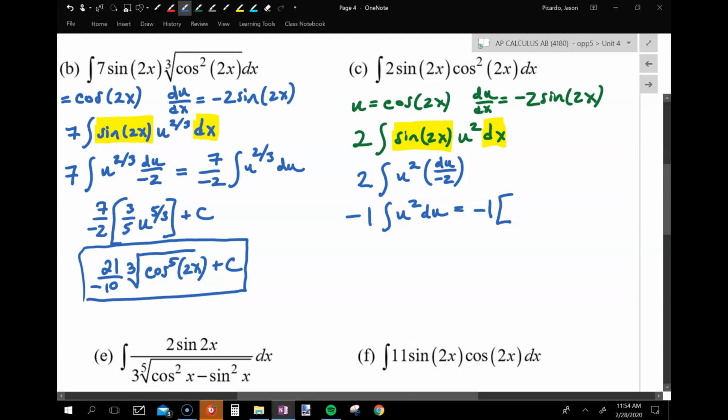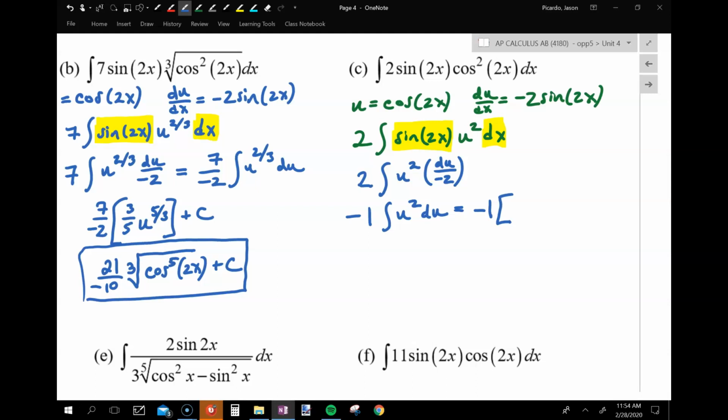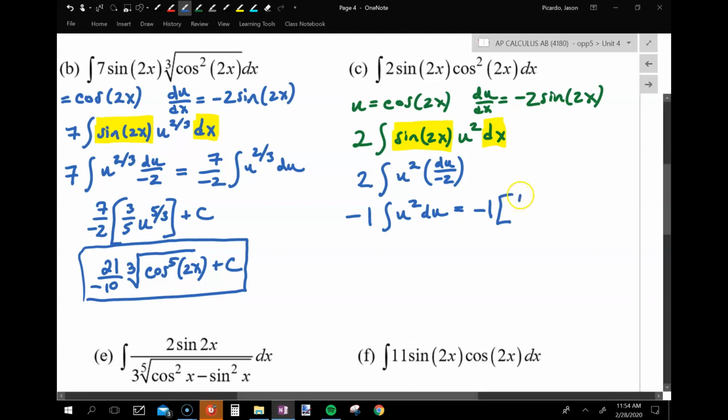Integral of one-third u cubed. So what do I have here? I have negative a third cosine cubed of 2x plus c.